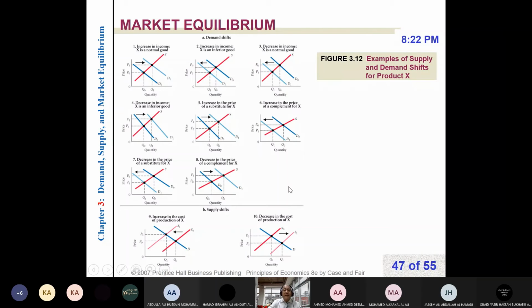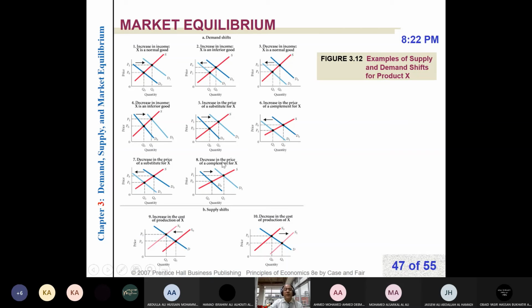Also, let me take the last example. This is the initial equilibrium point. What happened? Decrease in the price of a complement. Sugar and tea.